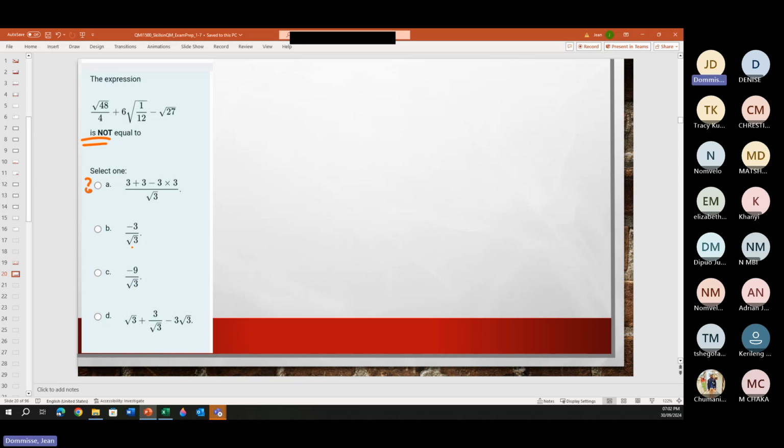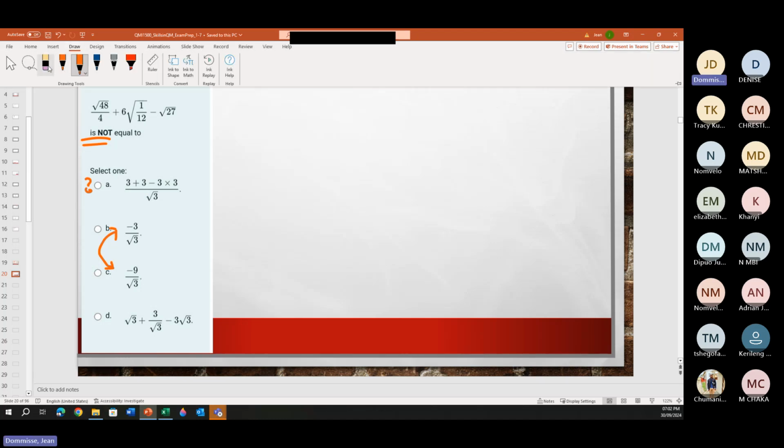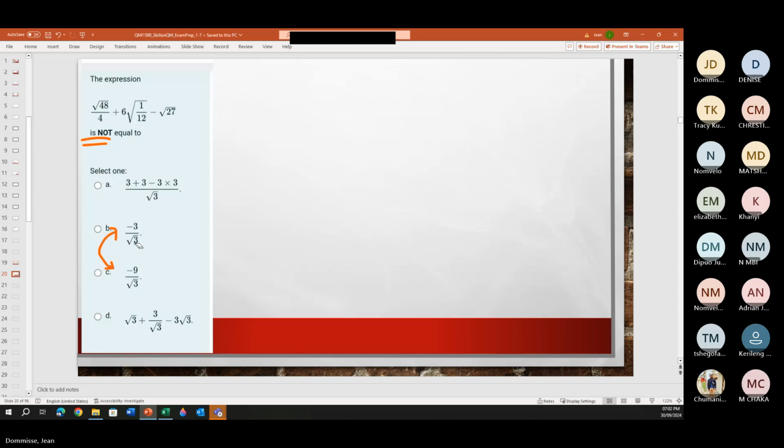At the bottom, both are exactly the same. So this tells me it is going to be B or C that's wrong, because the other ones we can still go and simplify and we might get the answer, but there's definitely a difference between -3 over the square root of 3 and -6 over the square root of 3. So that tells me one of those two is going to be the incorrect one.